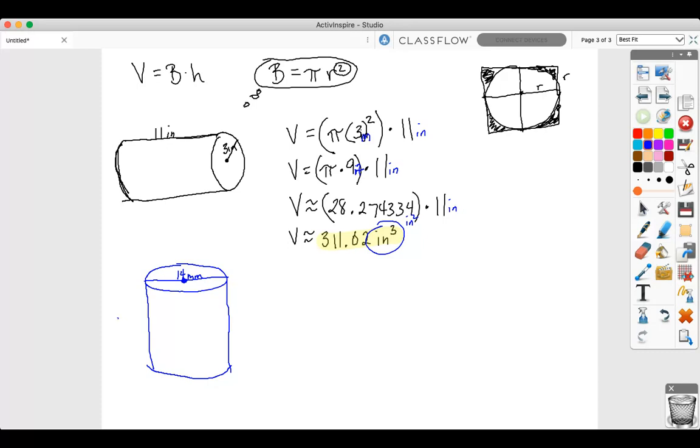The height is 5 millimeters. And so the diameter is 14 millimeters. The height is 5 millimeters.